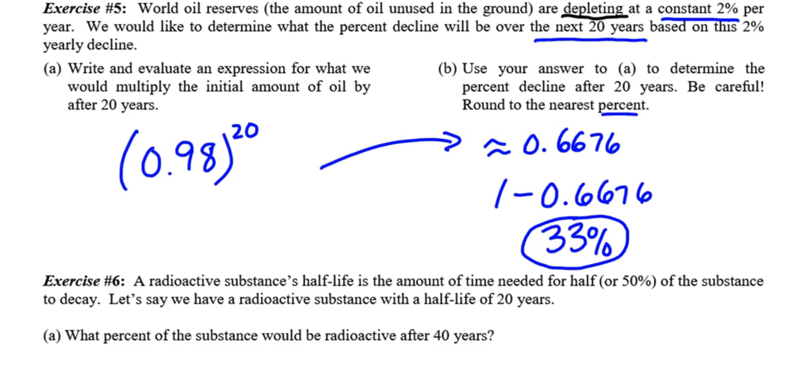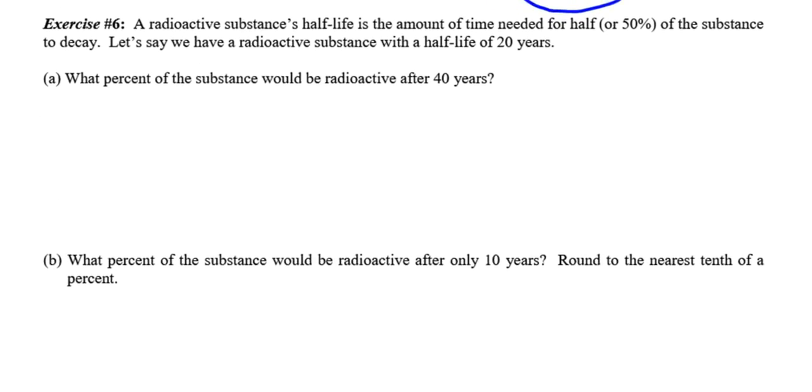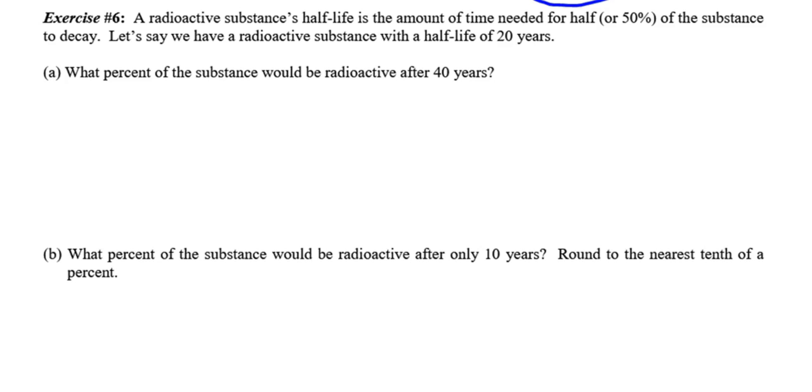We like to do radioactive questions because they're an interesting example of exponential decay. So, half-life situation. Okay. Well, we know that we have a half-life of 20 years, meaning in 20 years we're going to have half as much.